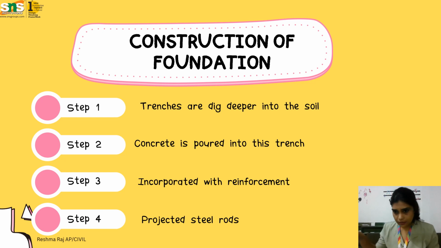In that concrete we place reinforcements, pour concrete over them again, and the foundation is ready. But there are different types of foundations, and depending on the type, we have a different methodology to construct the foundation. That's it.